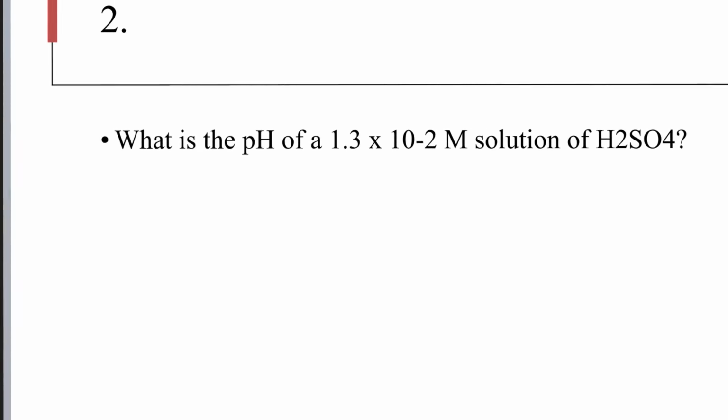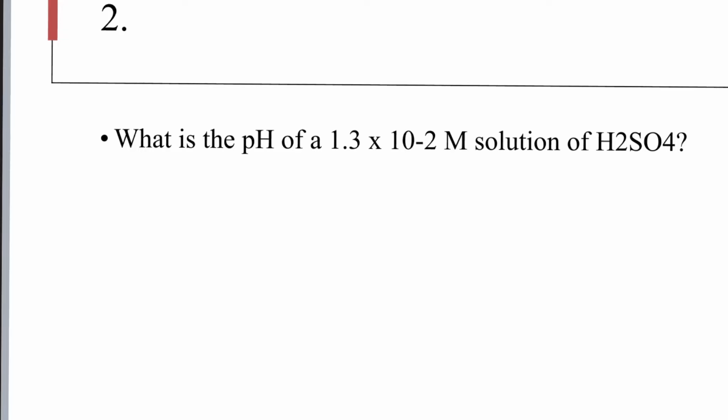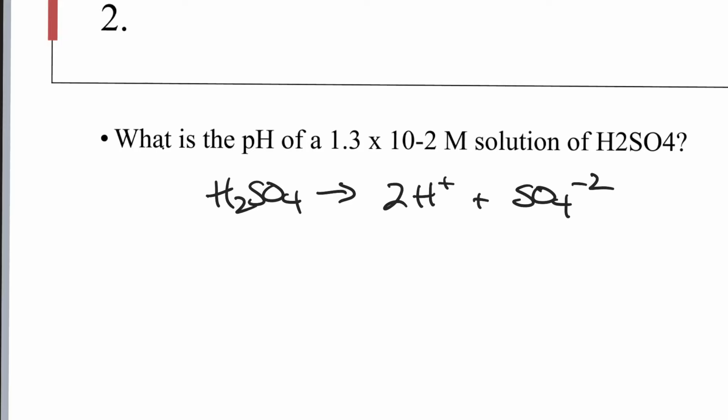Example 2 says, what is the pH of a 1.3 times 10 to the negative 2 molar solution of H2SO4? All right. And so it also really helps, once again, if you write out your equations. So if you write out the dissociation of this, you have H2SO4, and when it dissociates, you get 2H plus and SO4 2 minus.